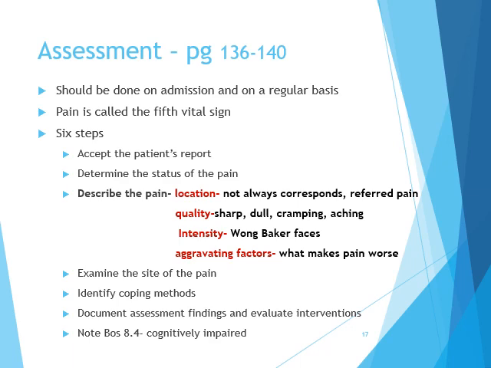Now, here I want to bring up something called referred pain. So location of pain doesn't always correspond to the actual place of pain. And I'm thinking here of heart pain. So you know where the heart's located, but sometimes you have pain down the arm, up the jaw, around the back. That's referred pain. It's not in the heart, it's referred elsewhere.